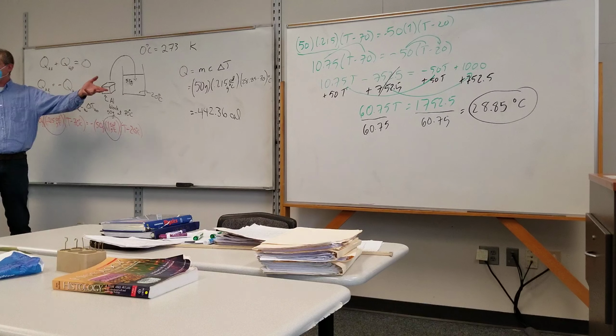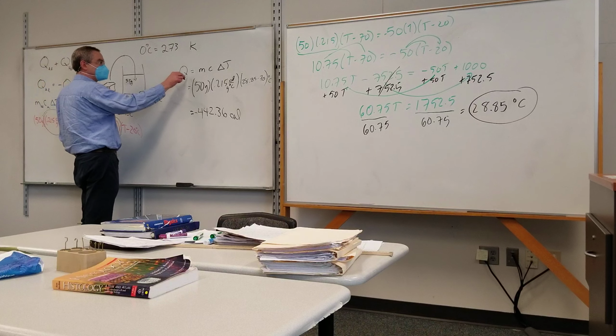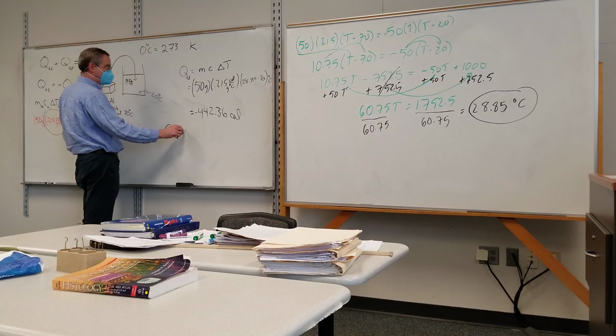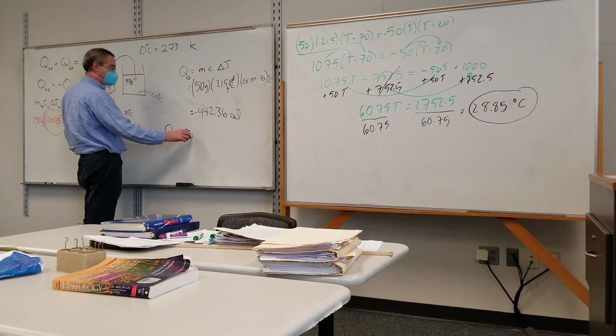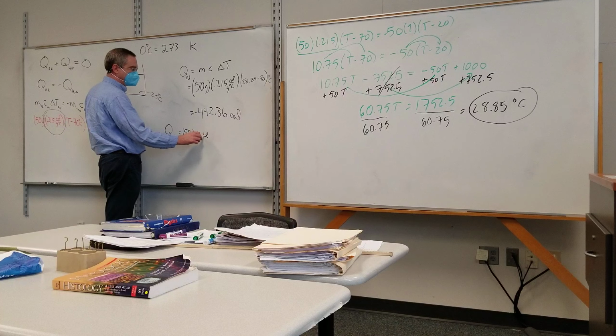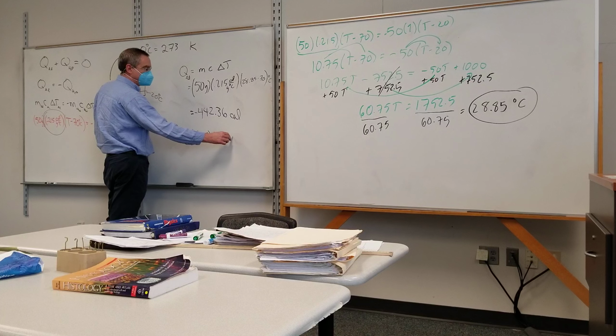All right, we haven't actually finished checking our answer. That is just how much was lost. That is supposed to be how much energy the water gained, so let's double check that. So this was for the aluminum, and then for the water, we had 50 grams times 1 times final 48.85 minus the initial.